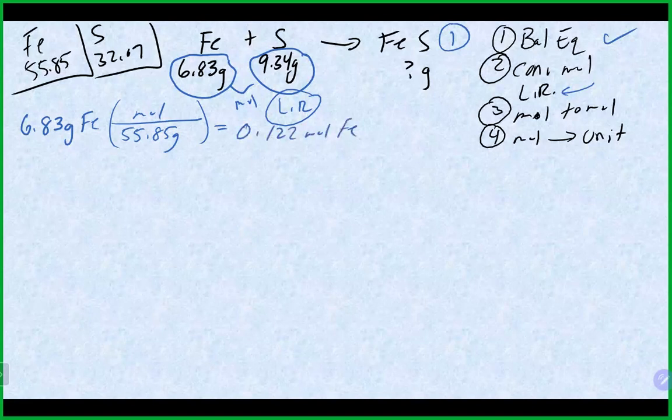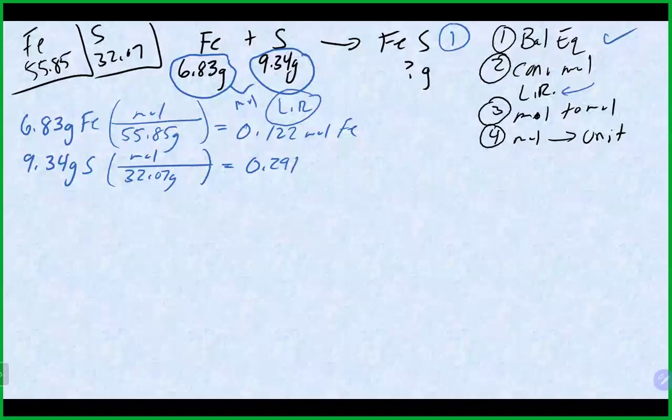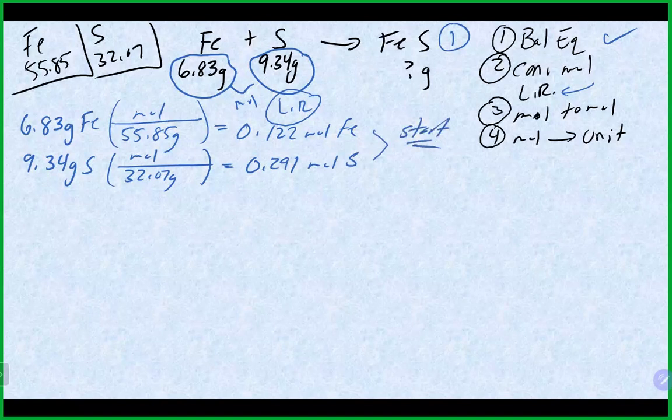We'll do the same calculation for our sulfur, which is our other reactant, using our molar mass of sulfur from the periodic table. That gets us 0.291 moles of sulfur. Once again, you can think of these as your starting amounts of each of these reactants. That means we're now going to move on to our limiting reagent calculation.